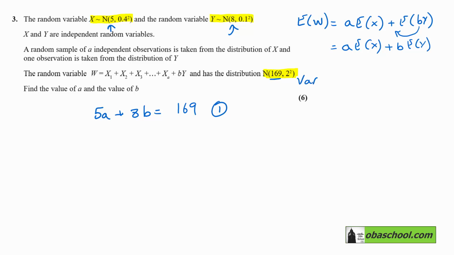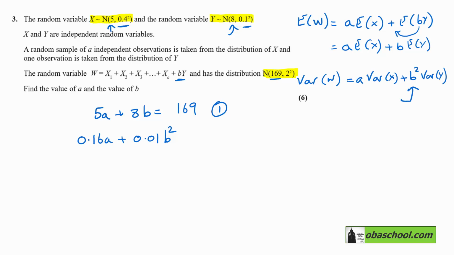Now the variance of W is going to be A times the variance of X, but it will be B squared times the variance of Y. So that gives us 0.4 squared is 0.16, so 0.16A plus 0.1 squared, 0.01, times B squared, and that's going to be equal to the variance for this one, which is 2 squared, which is 4.